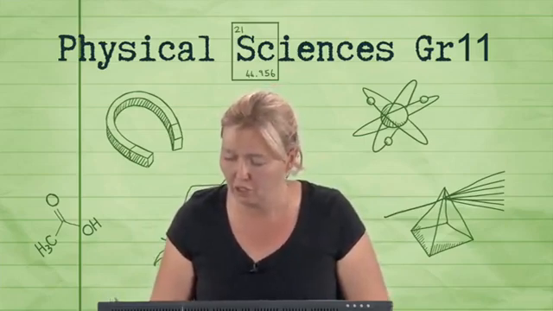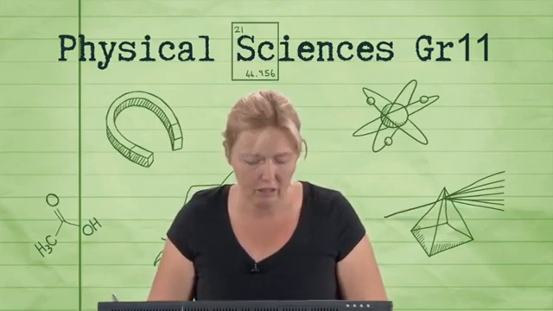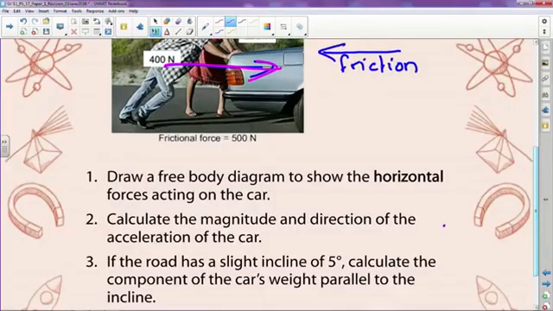As with any revision session, now there's time for you to do some work. I'm going to show you the three questions that I want you to answer, but we're not going to do them all at the same time. I'm going to give you time for each one. The first one is draw a free body diagram. Guaranteed question.